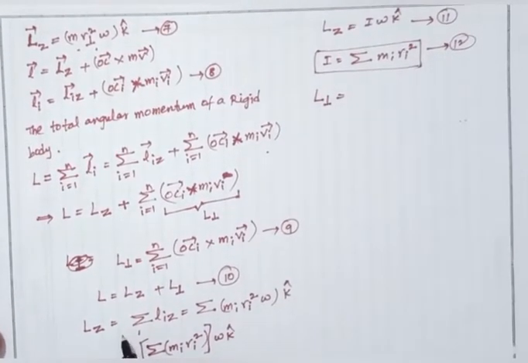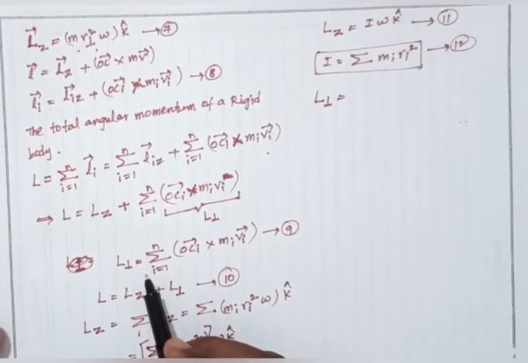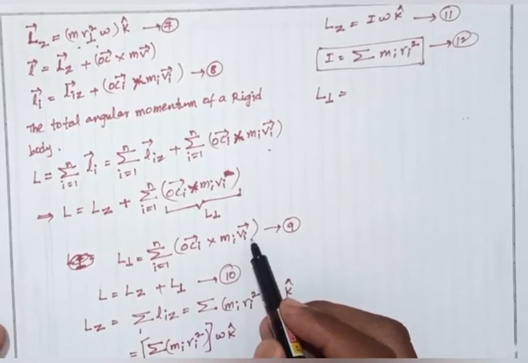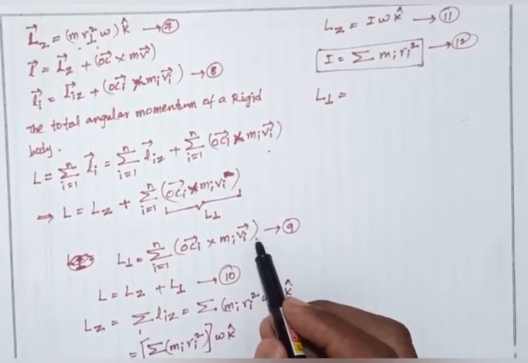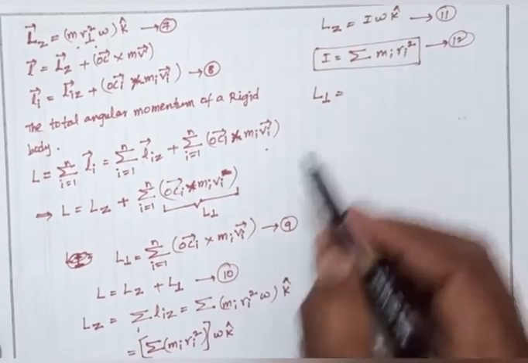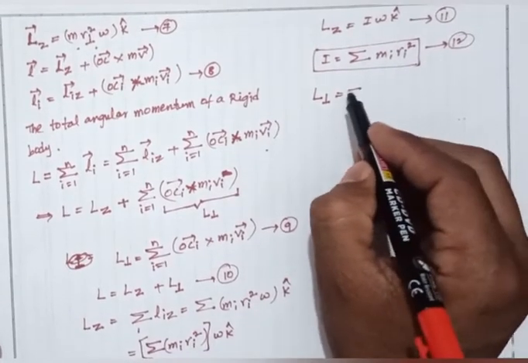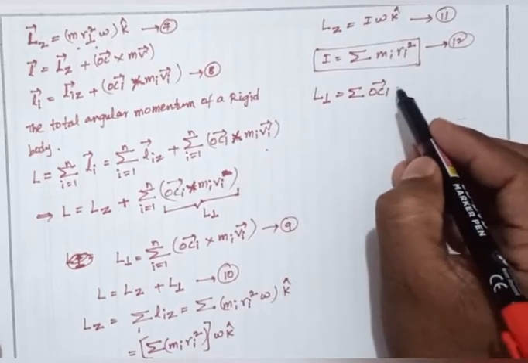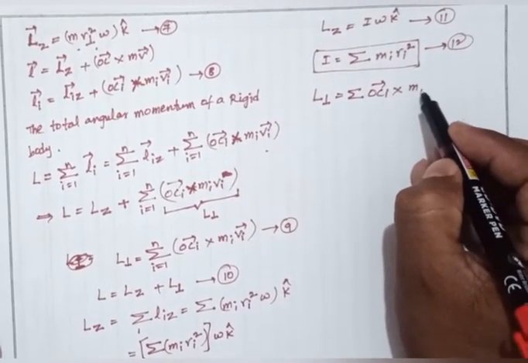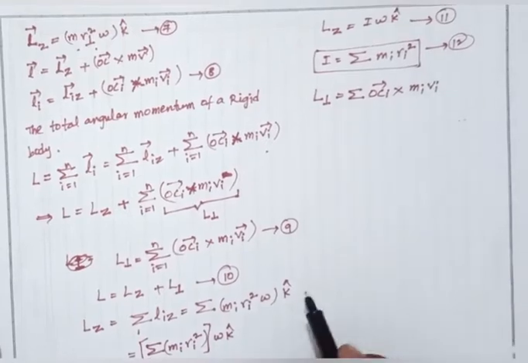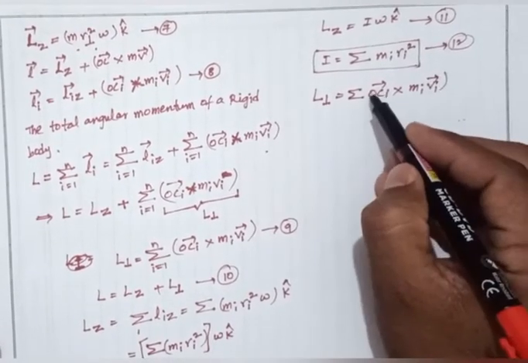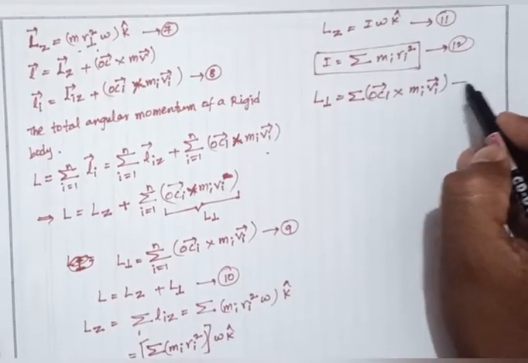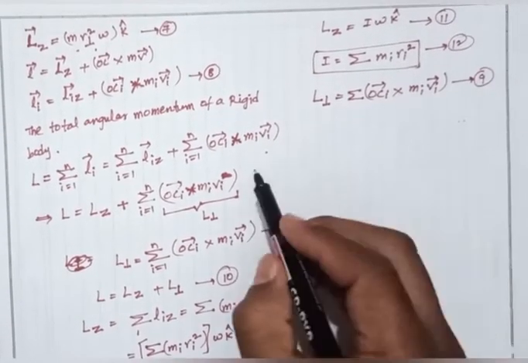Next we look at L perpendicular. What is L perpendicular? L perpendicular equals the summation of OC_i bar cross m_i v_i bar.